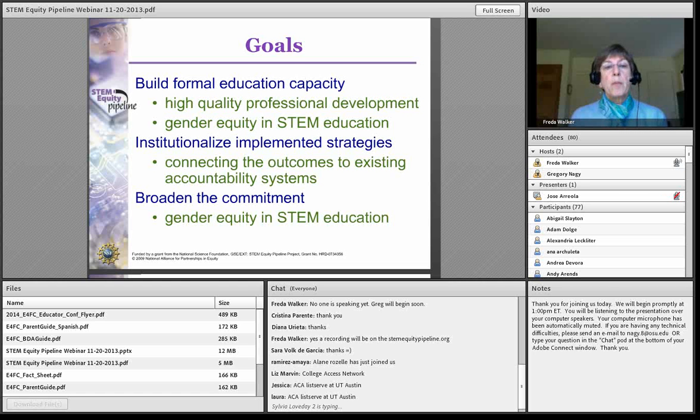The first one is to build the formal education capacity, mostly so that education can provide quality professional development in the area of gender equity and STEM education. Secondly, to institutionalize implemented strategies that connect to the outcomes to existing accountability systems, and many of you work with Perkins. Also to broaden the commitment through gender equity and STEM education.